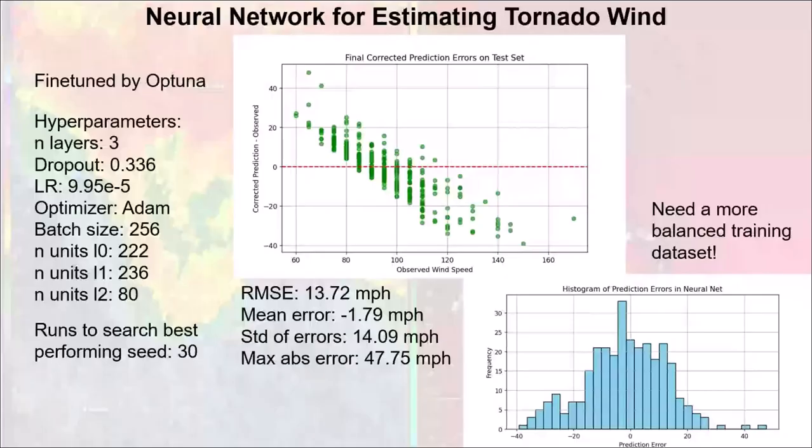Once I find the fine-tuned hyperparameters that are performing the best, I also do a 30 seed search to find a model that might be a little more lucky in having lower errors in the training. So it did settle on one of these seeds that has essentially a 40 mile per hour, in either direction, spread.